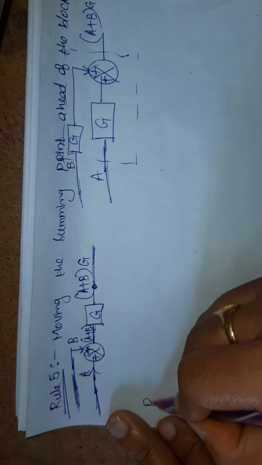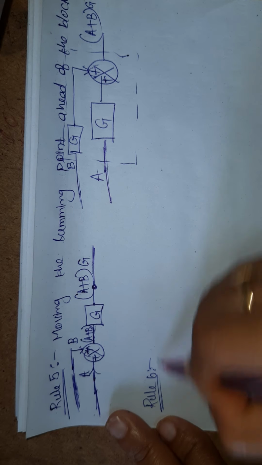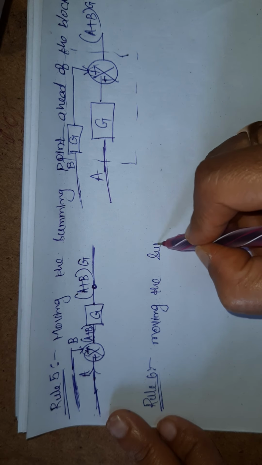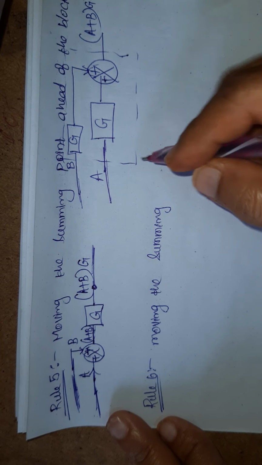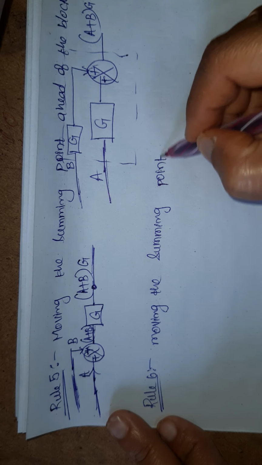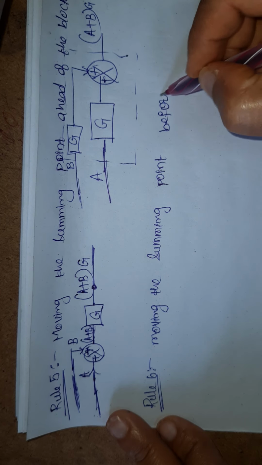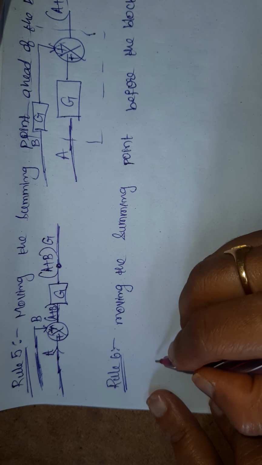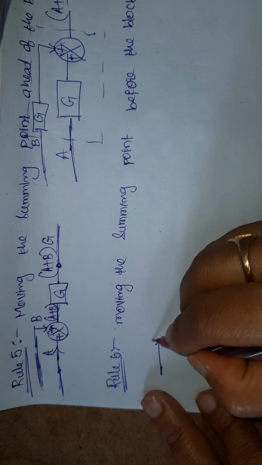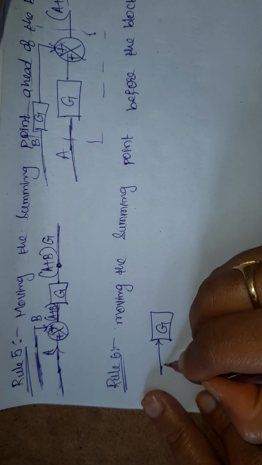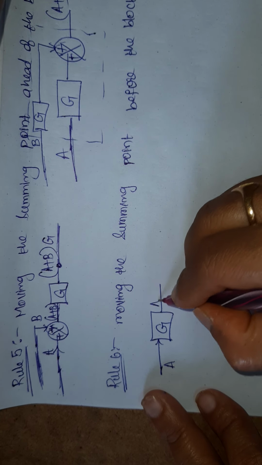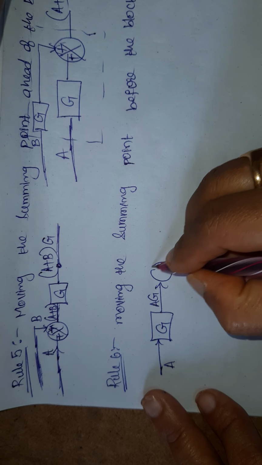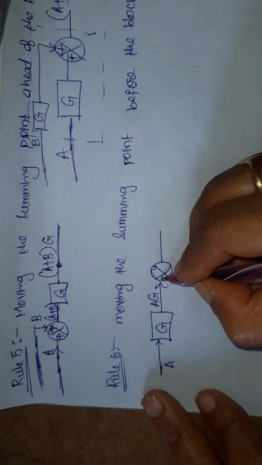Okay, next, what is rule 6? Moving the summing point before the block. Here I am having the block G, input is A, output AG, and I am having the summing point here.